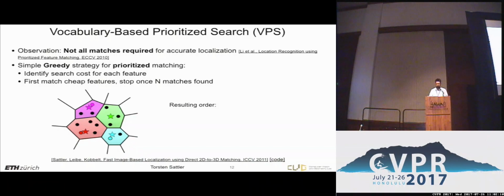So the resulting order that you would get here is, you would start with the blue one, where you only need to do 2 comparisons, continue with either the green or the pink one, and then do the red one last.